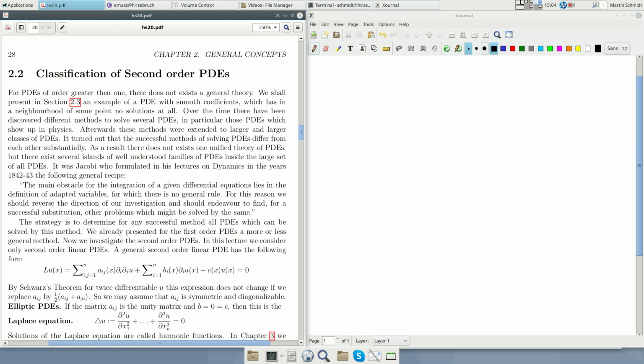This means to find a method how to solve them, for which there is no general rule. For this reason, we should reverse the direction of our investigation and should endeavor to find, for a successful substitution, other problems which might be solved by the same method. So the strategy is to determine for any successful method all PDEs which can be solved by this method.